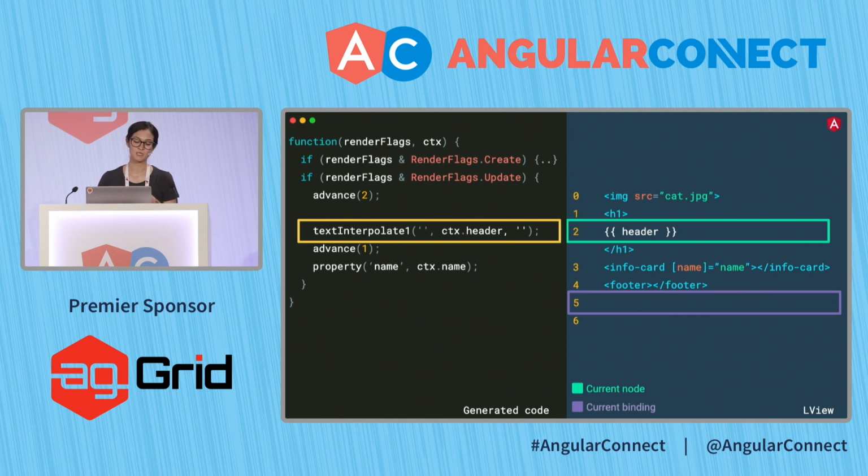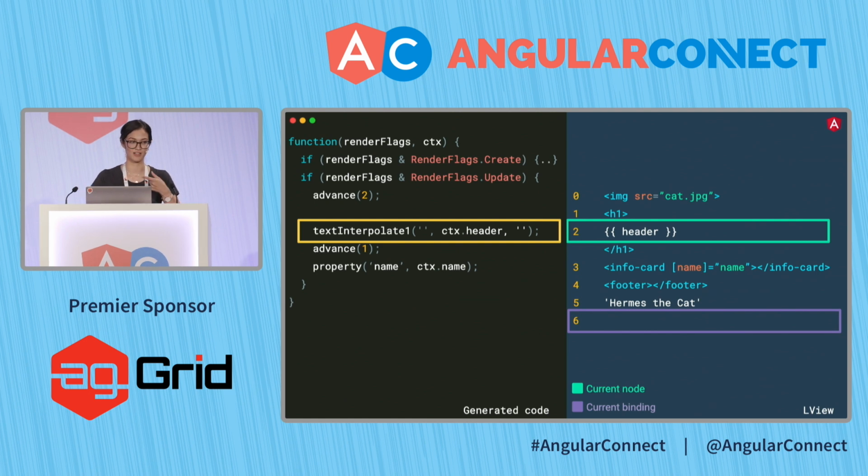And all this does basically is it checks the header variable that you passed in, so context.header, against whatever value you have at the current binding index, which is right now empty. So the first time, we just assume that the values have changed. So we're just going to go ahead and update that text binding in the DOM. And we'll also cache the value for the next time that we run change detection. And then we'll increment it so we don't keep overwriting the same value.